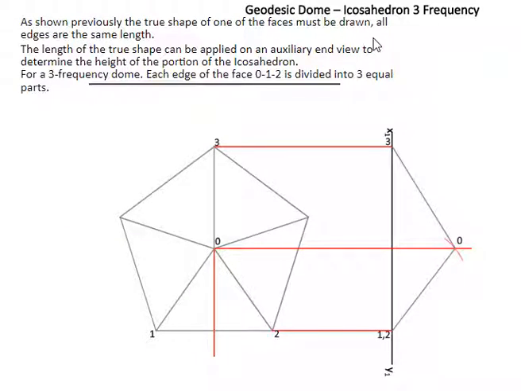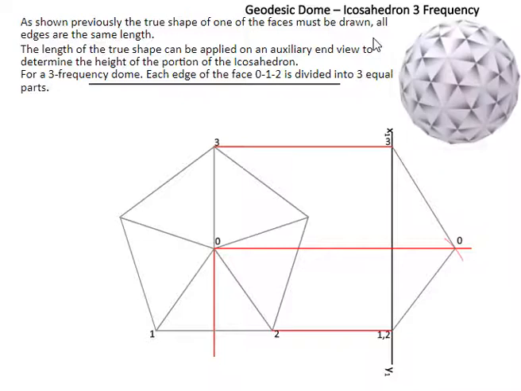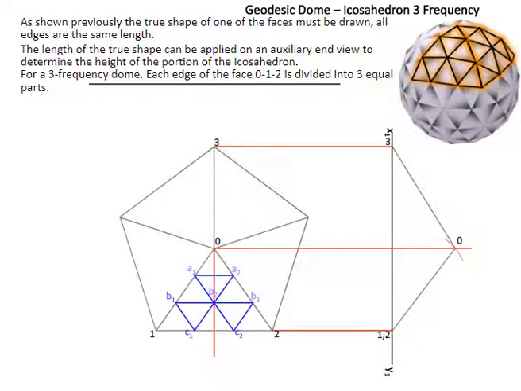And as you can see then, from the tree frequency dome, each of the edge face 0, 1 to 2 is divided into 3 equal parts, as you can see by the diagram up on the top right hand corner. So that's what's done then down below, from 0 to 1 to 2. And these create smaller individual triangles.